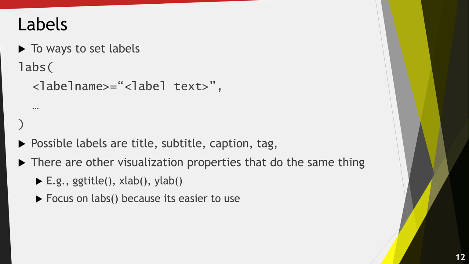Possible label names include title, subtitle, caption, or tag. There are other visualization property functions that do the exact same thing. So if you search for help, you might encounter things like ggtitle, xlab, and ylab. I'm going to focus on this labs function because it's much easier to use and easier to remember what all of the label names are.